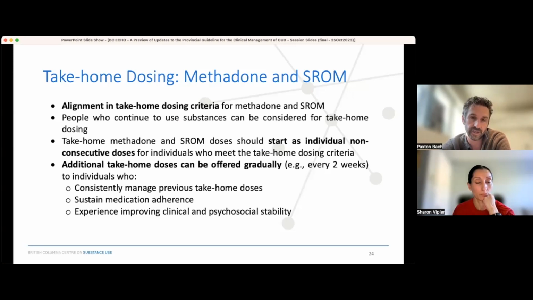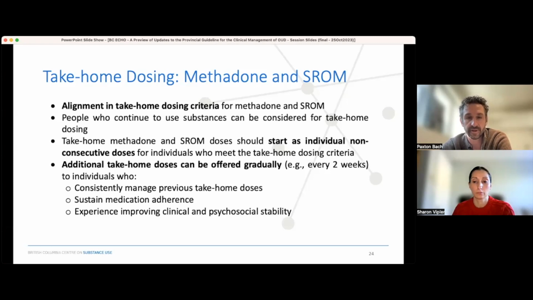So these changes were made in close consultation with Medify Ontario, and we've aligned our recommendations to be more or less identical: take-home doses for methadone and slow-release oral morphine can start in patients who have been on medications for as short a time as 4 weeks, as long as they are on a reasonably stable dose and have demonstrated the capacity to be consistent in their dosing, safe in the way they take it, and can store it safely.